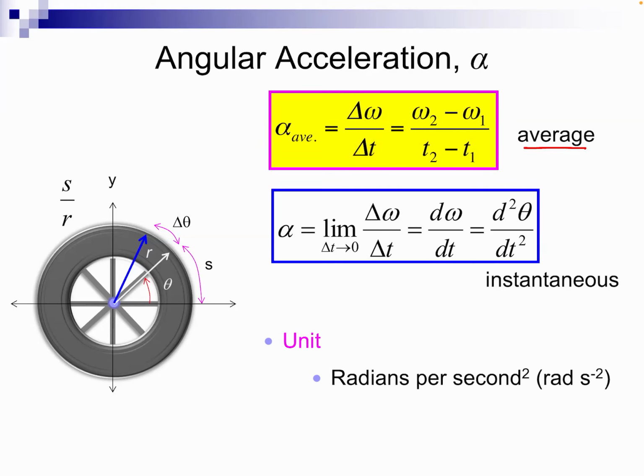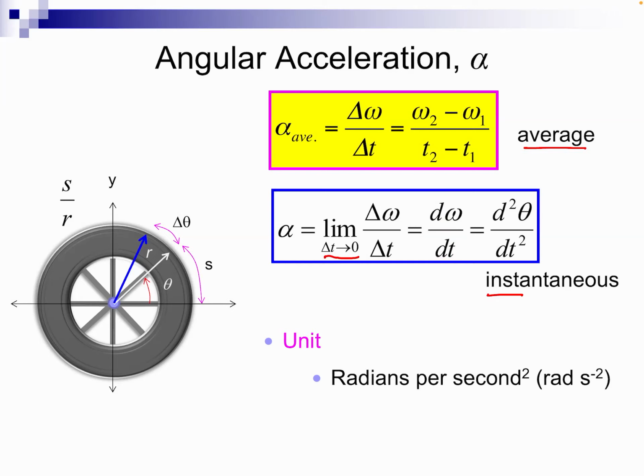If we let the time interval approach 0, in the limit where we are making the time interval smaller and smaller, such that we are just approaching a single time, then we are looking at instantaneous angular acceleration. And the finite delta omega over delta t becomes the derivative of omega with respect to time, or derivative of angular velocity with respect to time.